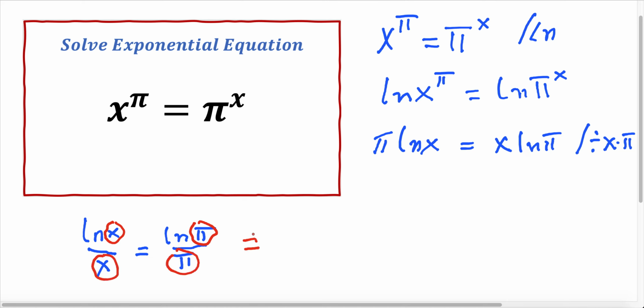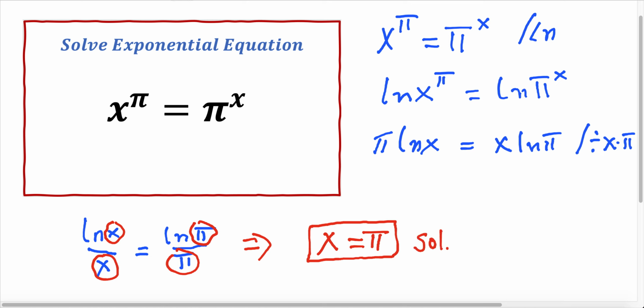And this implies one solution is x is equal to pi. So this is one solution that we can find algebraically very, very quickly. So x is equal to pi. So this is one solution.